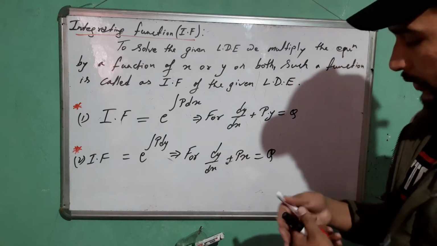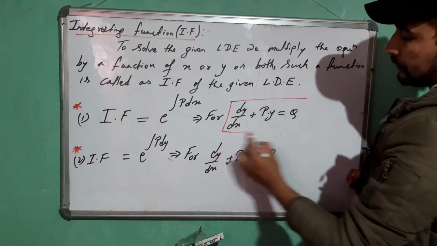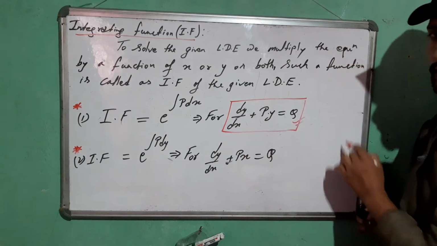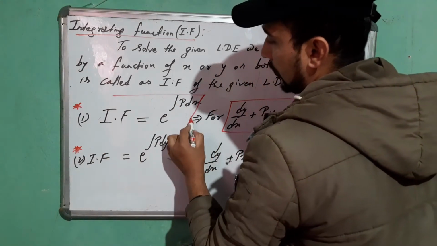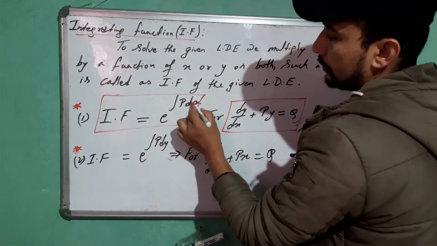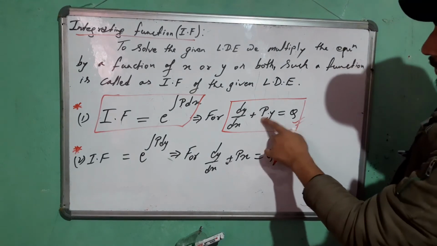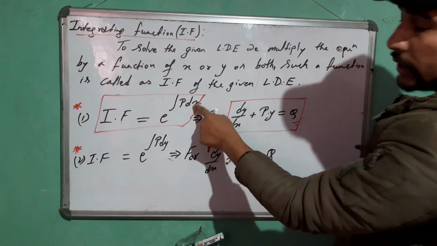And for this type of equation, dy dx plus py equals to q, for this type of LDE, integrating factor is calculated by this formula. Integrating factor is equal to e to the power integration p dx. Since p and q are functions of x, you have to integrate with respect to x only.